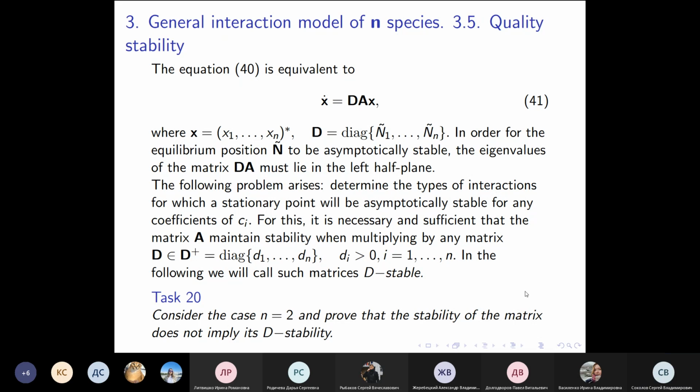It's not that complicated. You just derive the stability conditions for matrix A and for matrix DA, and then you can find a matrix D so that matrix A satisfies the stability conditions, all the eigenvalues of the matrix A are in the left half of our complex plane, but the eigenvalues of the product DA can have positive real parts.